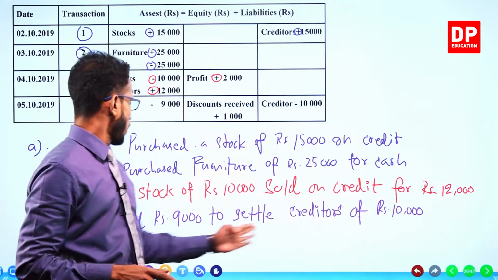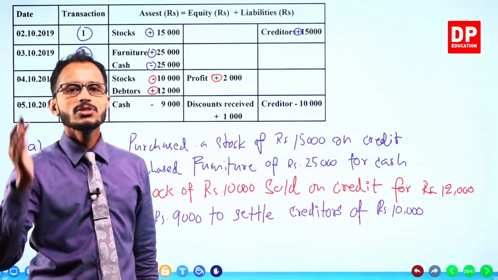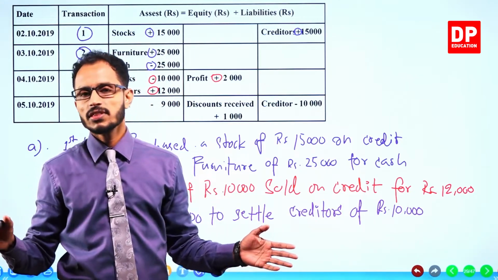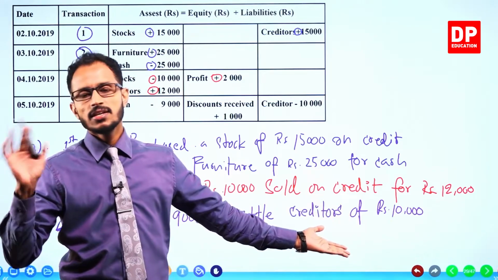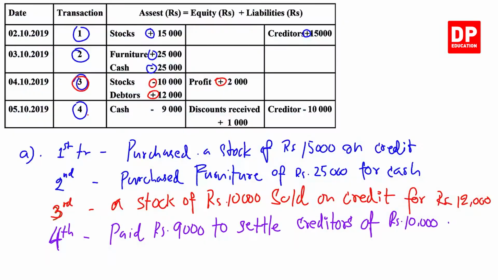When you say paid 9,000 to settle creditors of 10,000, there is a very clear discount of 1,000 inside the sentence. It is not mentioned. If you want, you can mention it with a discount of 1,000.